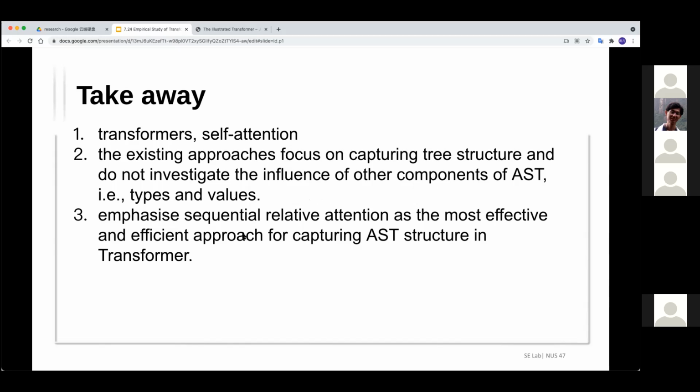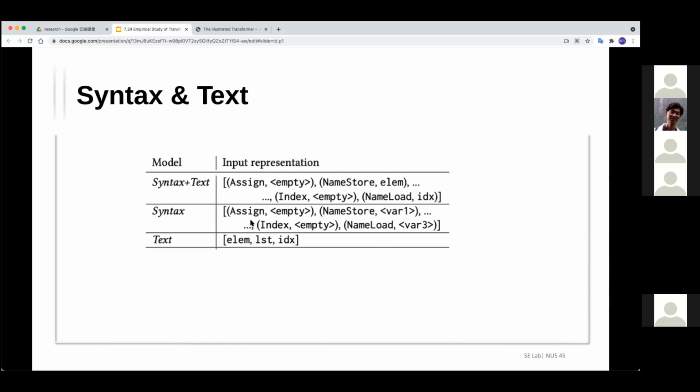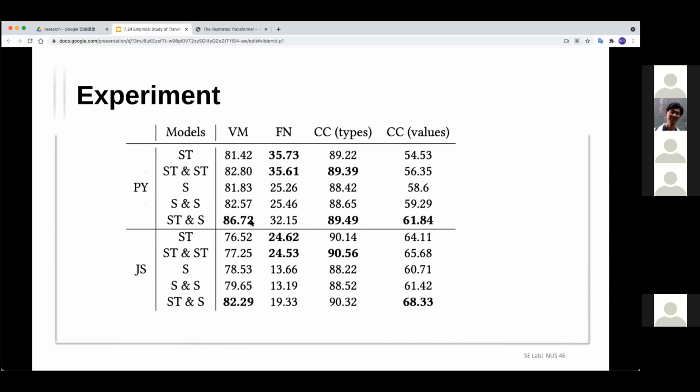So he thinks that sequential relative attention is the most effective and the most important thing to capture AST structure. And he also ran an experiment comparing the syntax and the text. If you add both syntax and text, the result is much better.